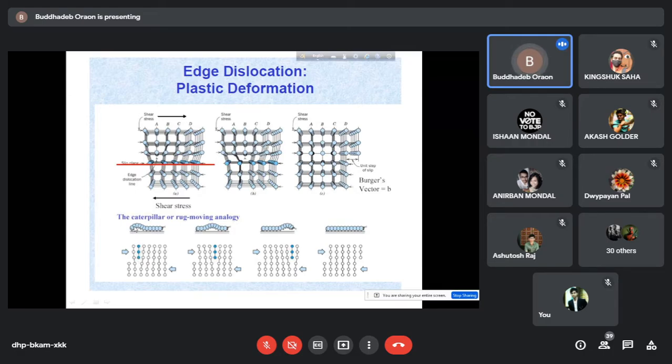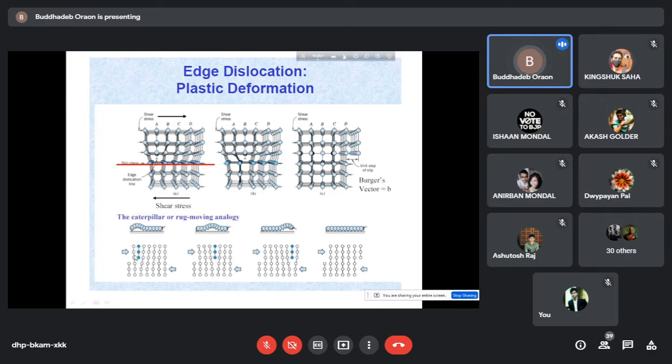Slowly this position will move towards the right side. First it lifts the tail and tries to move it slightly, and slowly this hump moves towards the right side, and finally the whole body gets shifted towards the right side, just like the movement of this extra half plane.